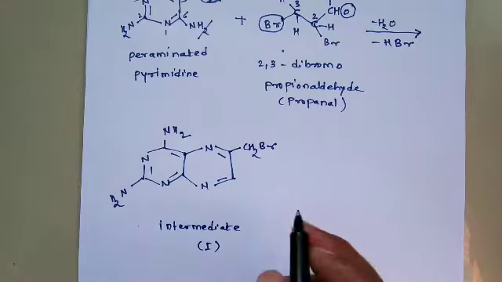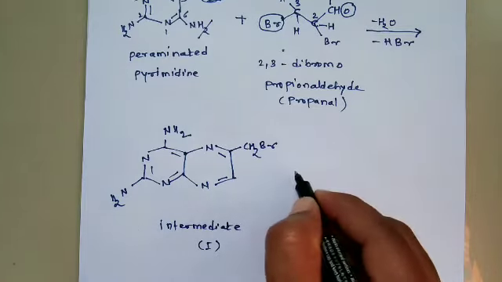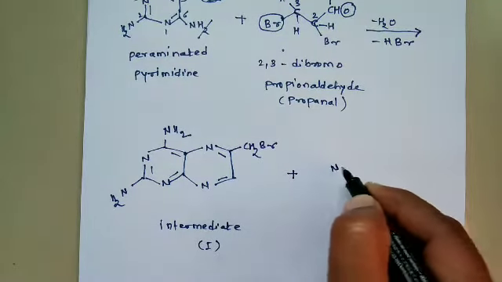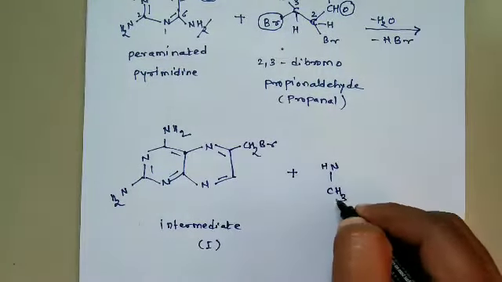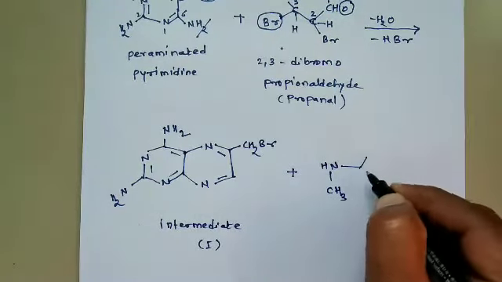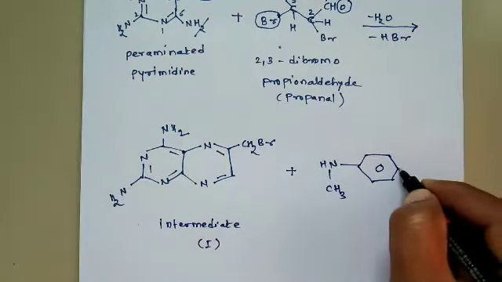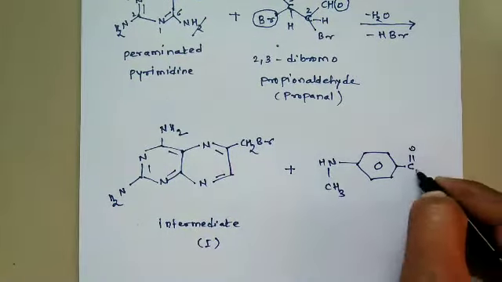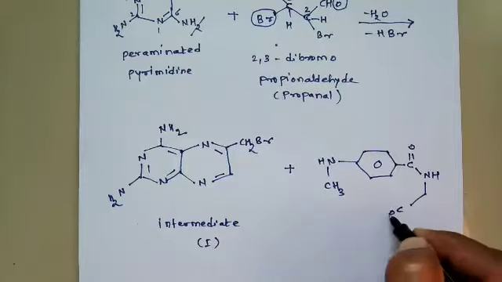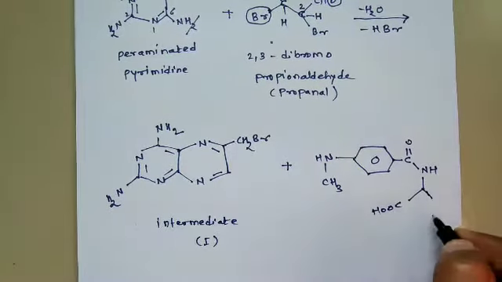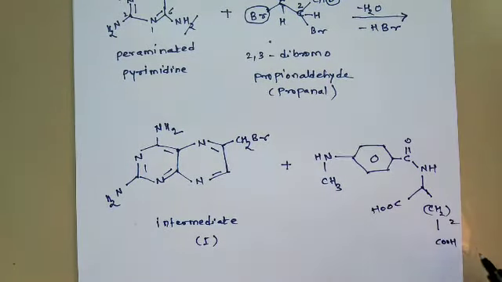After that, this first intermediate, that is the bicyclic compound, reacts with another reagent, that is an NHCH3 group attached with a benzene ring, and this benzene ring is attached again to CO, NH, COH, CH2 twice, COH.